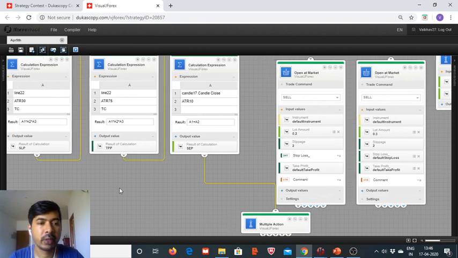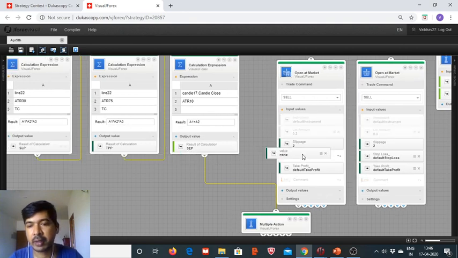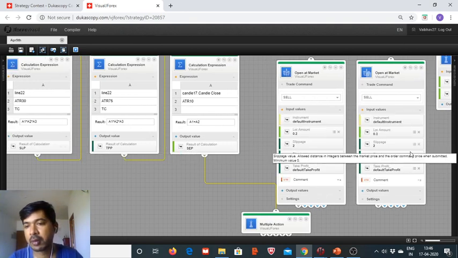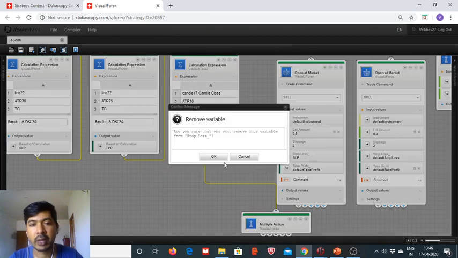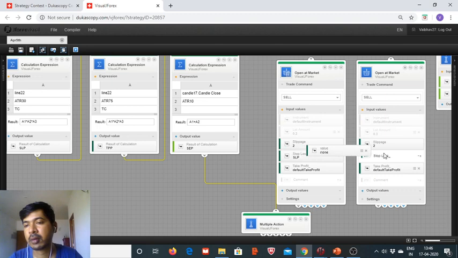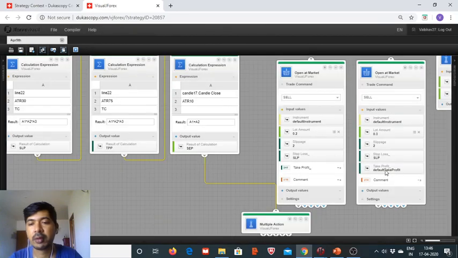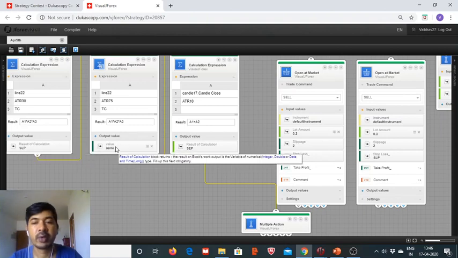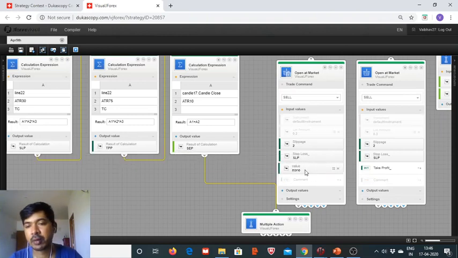The stop loss is defined here, the SLP, and we change this one as well. We change the take profit as well. We are not going in for a fixed take profit. We have kept it dynamic.